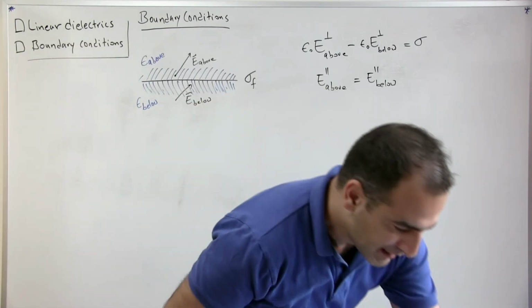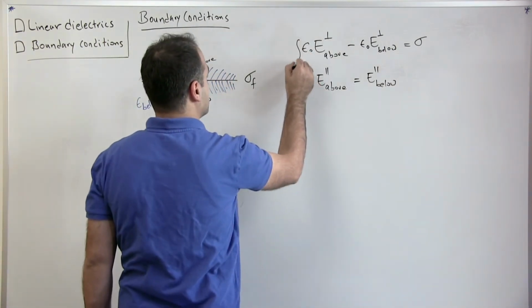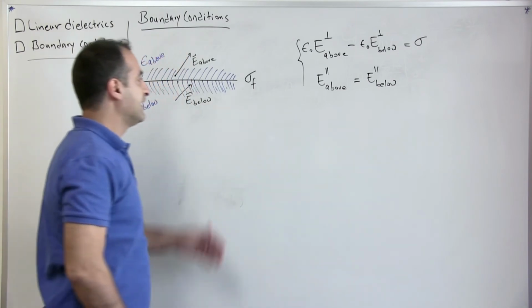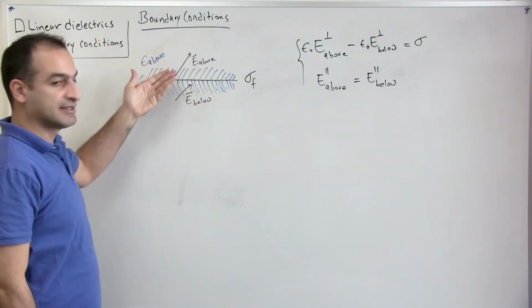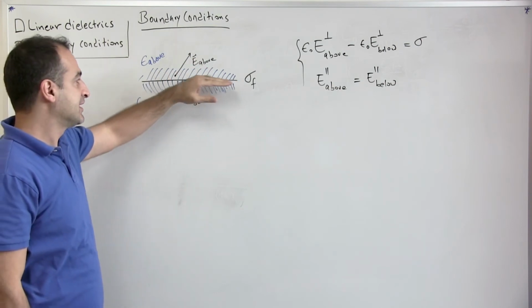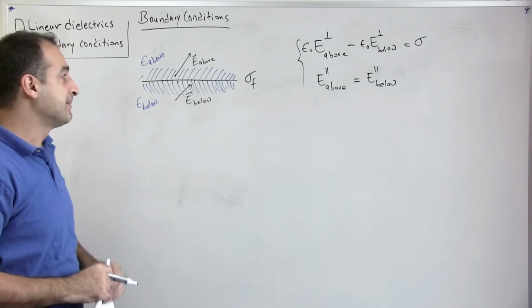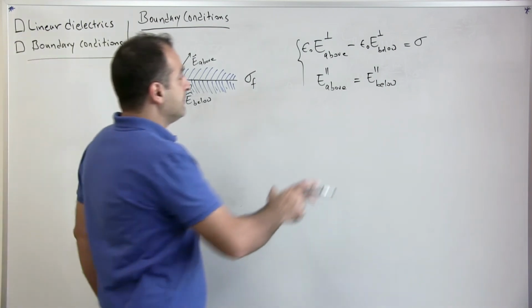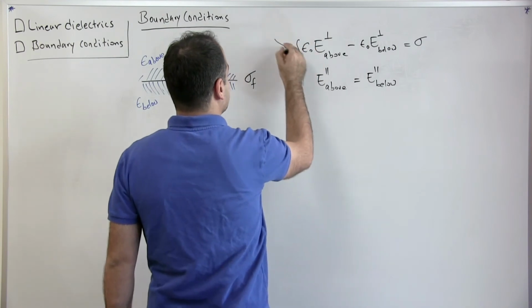Sounds good? So now the question is how these two equations are modified when we have these dielectric materials. And if you have dielectric material, there is always a chance of certain accumulation of charges on the boundaries as well.